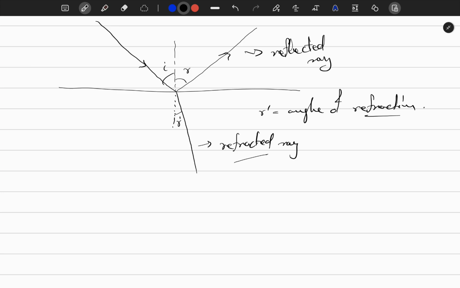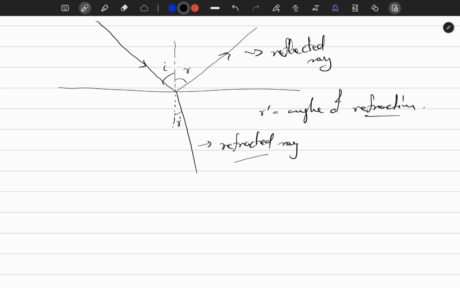Thus refraction means that the light ray follows in the second medium a direction different from its direction in the first medium. The angle r dash subtended by the normal and the refracted ray is the angle of refraction. This angle is also measured from the surface normal toward the ray.